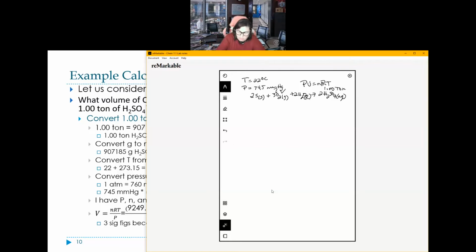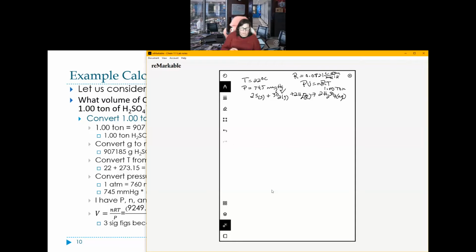Now, one other thing I'm going to write down. R equals 0.0821 liters times atmospheres over mole times Kelvin. Why did I do that? Well, I'm going to need it. If I'm going to use PV equals nRT, I'm going to need it. The other thing is it shows me the units that I need to be able to do this.